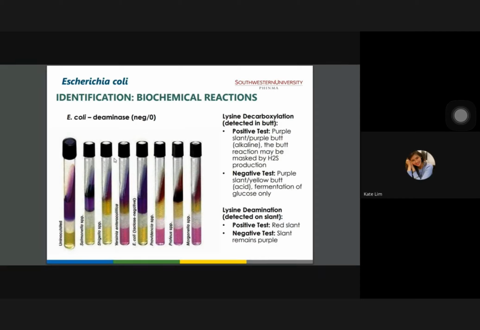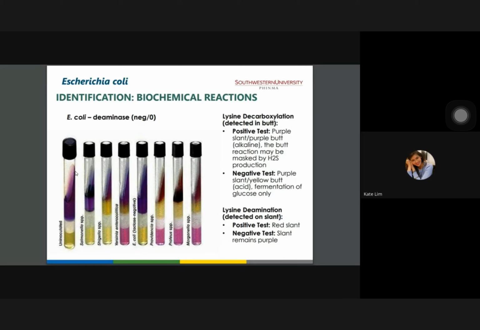They are not usually both positive. So in here, E. coli is deaminase negative. Where are we going to look for the deaminase? Where are we going to look for the deaminase?